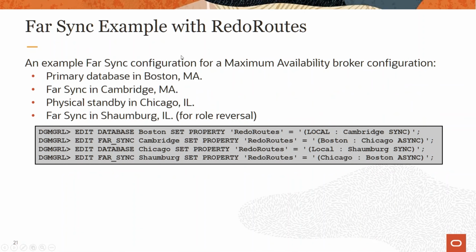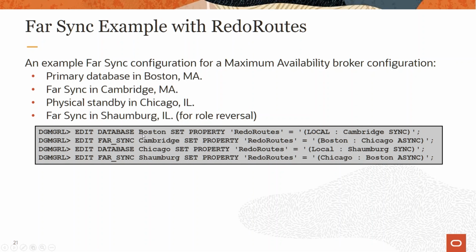And this is an example. So if you have a primary database in Boston, you have a far sync in Cambridge, and you have a physical standby database in Chicago, and far sync in Schaumburg. So in this example, Boston, this is a redo transport service sender.